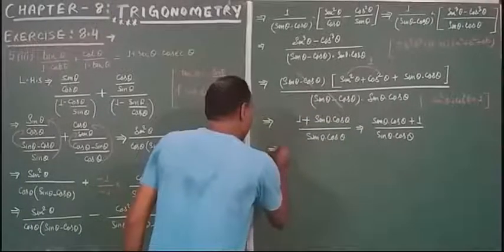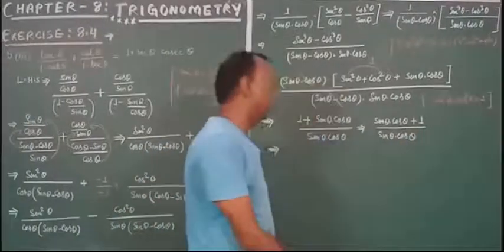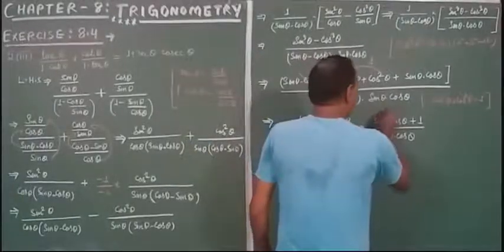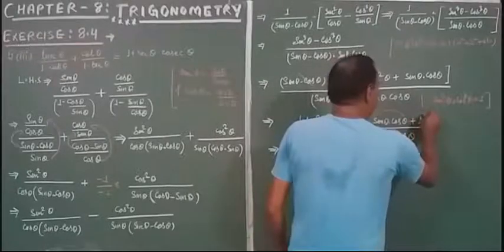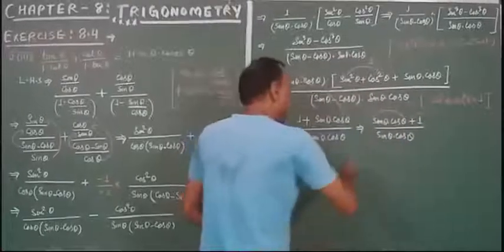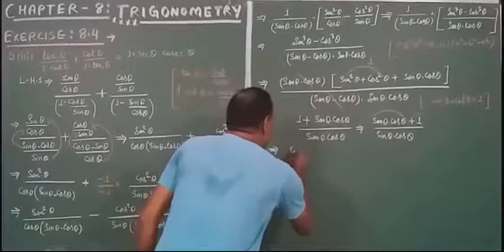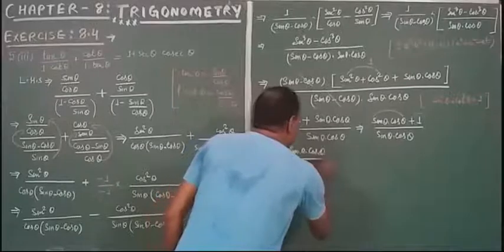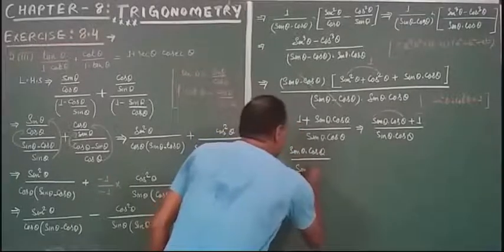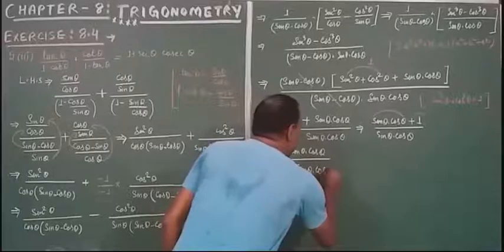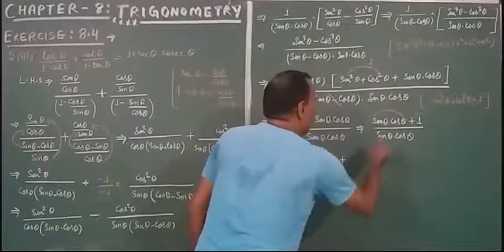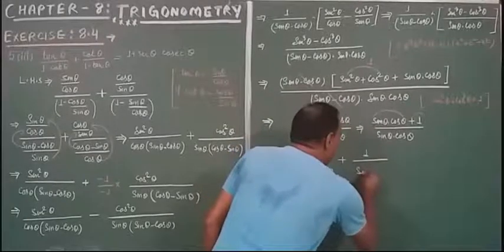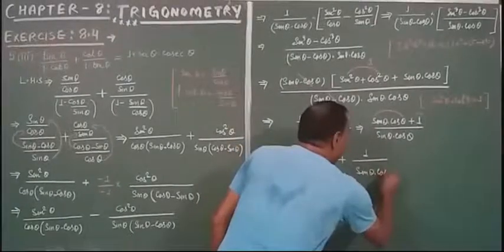This sin theta into cos theta will divide both the terms of the numerator. So sin theta into cos theta divided by sin theta into cos theta plus 1 upon sin theta into cos theta.